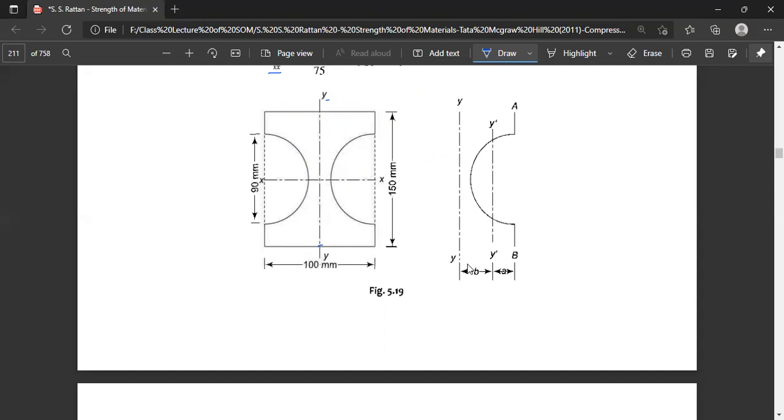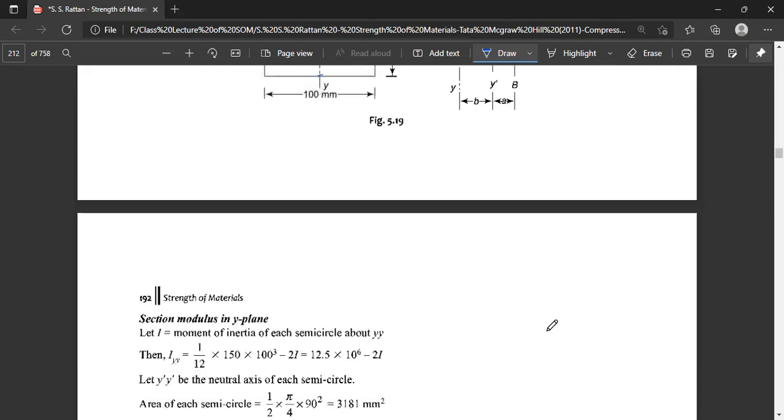First we have to find the moment of inertia of this semicircle about the y dash axis, plus we have to add the area of this circle multiplied by the square of the distance between the y and y dash axes. So the first moment of inertia of each semicircle about the y-axis will be 1 by 12.